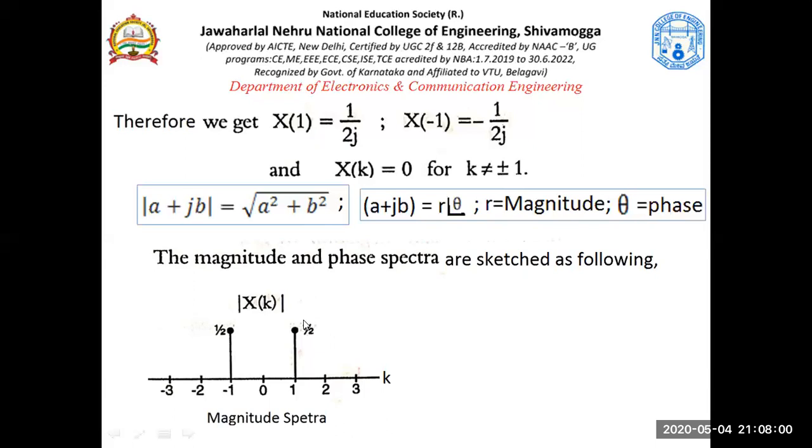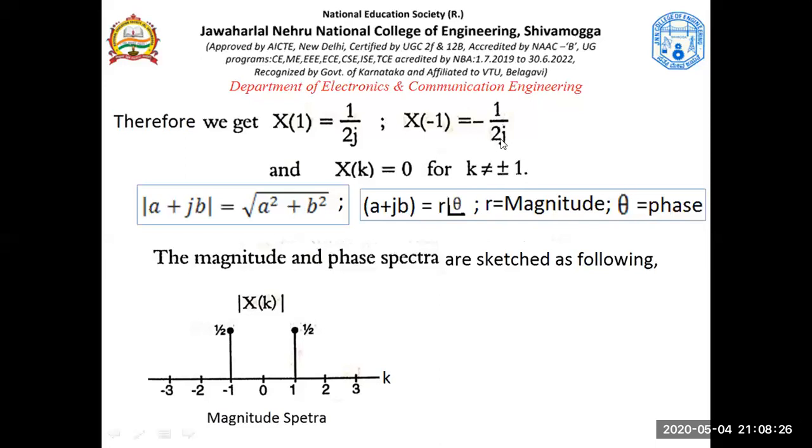How did you get this half? Suppose you see this as a complex number in a plus jb form. What is a? Is there a real term a here? No, only the imaginary term is there, which is 1 by 2. So the square root of 1 by 2 squared is the square root of 1 by 4, which is 1 by 2.